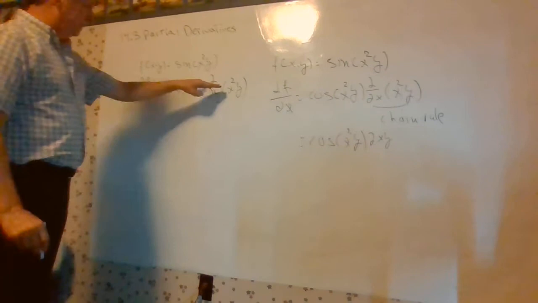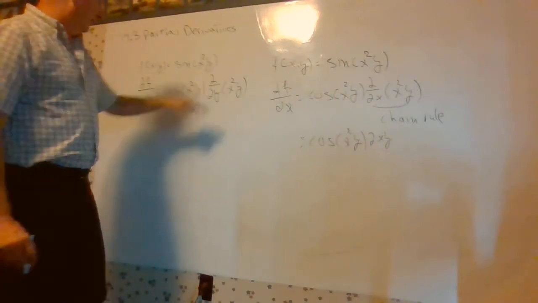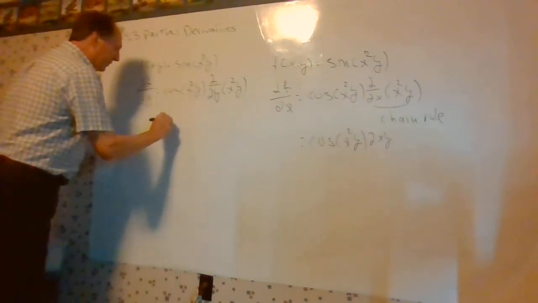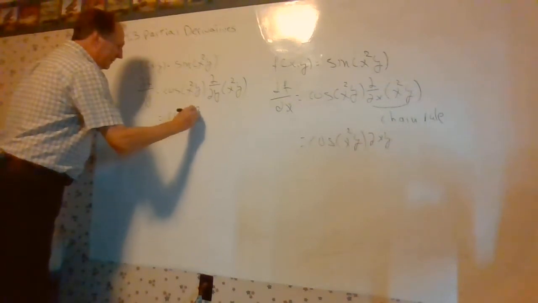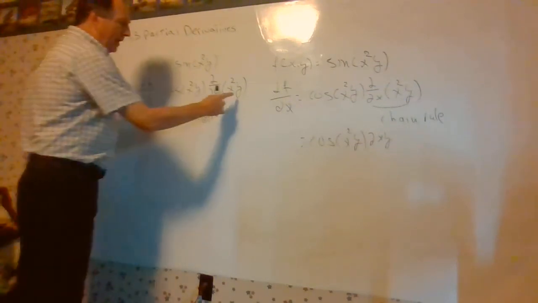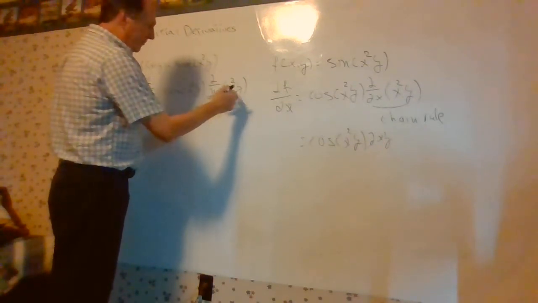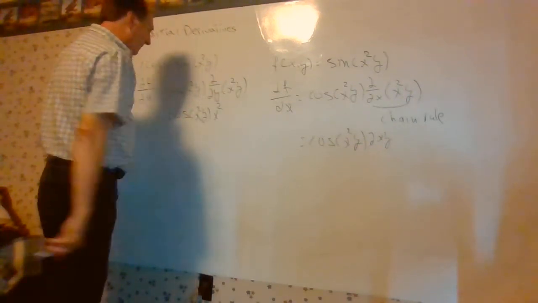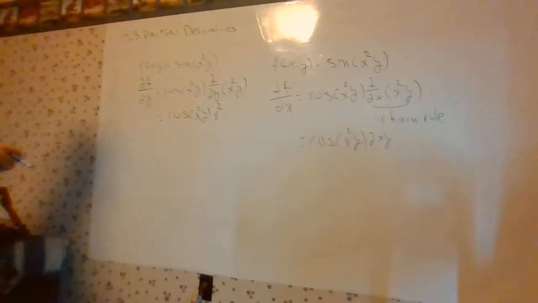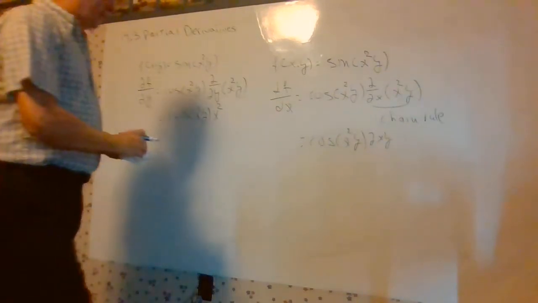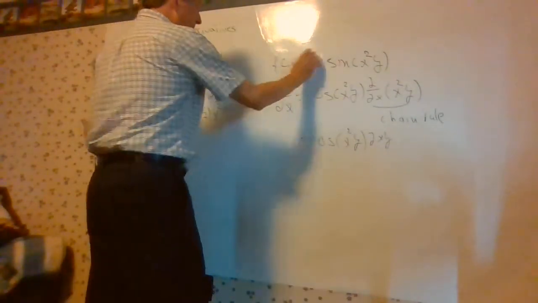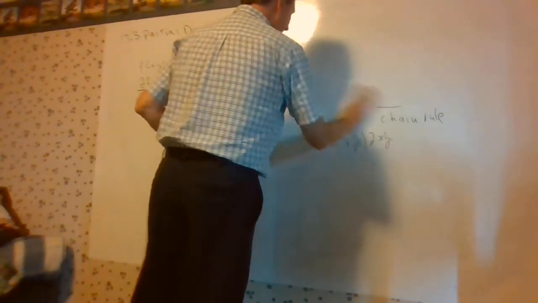And normally you don't have to write this as a separate step, but I'm just showing you what I'm thinking. Cosine x squared y. Now the y partial, this is just a constant times y, so that's just x squared. So we have a couple of derivatives here. Let me just write this down here for future reference.